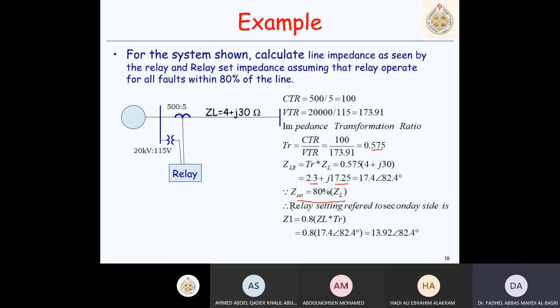So generally, this is called our zone 1 setting, which represents 80% of the line impedance, and this zone acts instantaneously whenever the impedance measured by the relay is less than 80% of the line impedance.